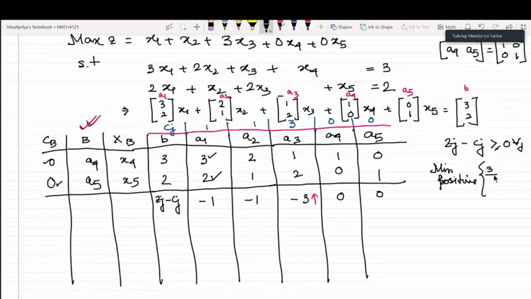Which of the two is the minimum? The minimum corresponds to 2 by 2. That implies A5 is the departing vector, and in its place A3 is going to enter the basis. Okay.